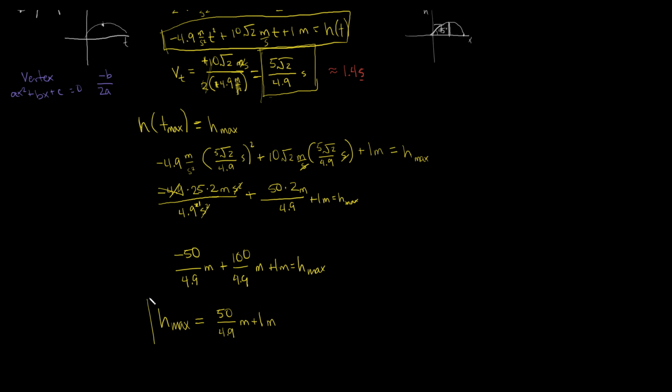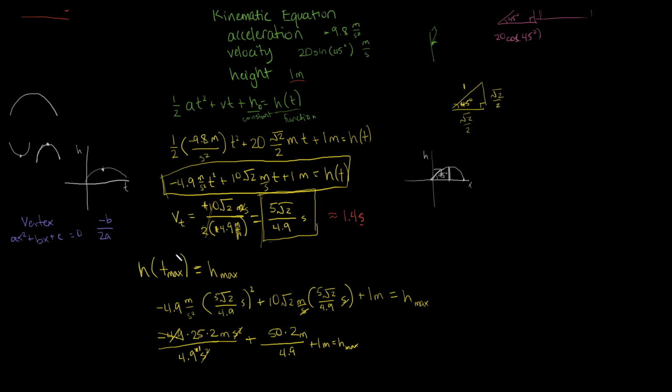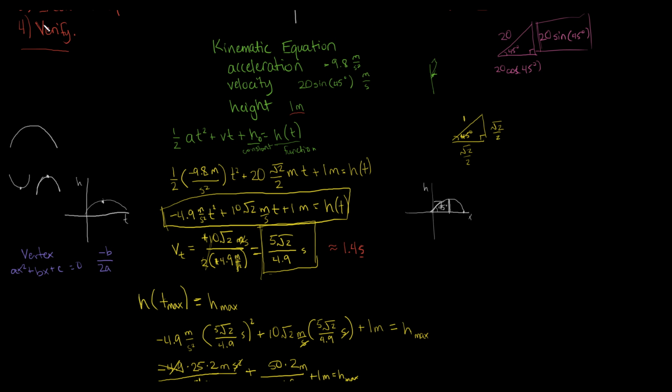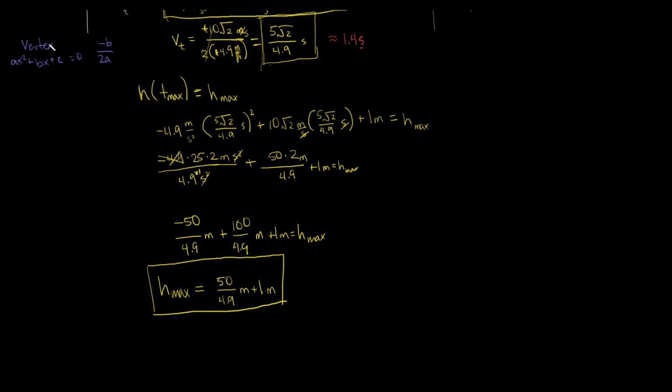And this is our final answer: 50 divided by 4.9 meters plus 1 meter. This is the h max. And if we go back to our verification step, it makes much more sense. 50 divided by 5 is approximately 10 meters plus 1 meter, give or take 11 meters.